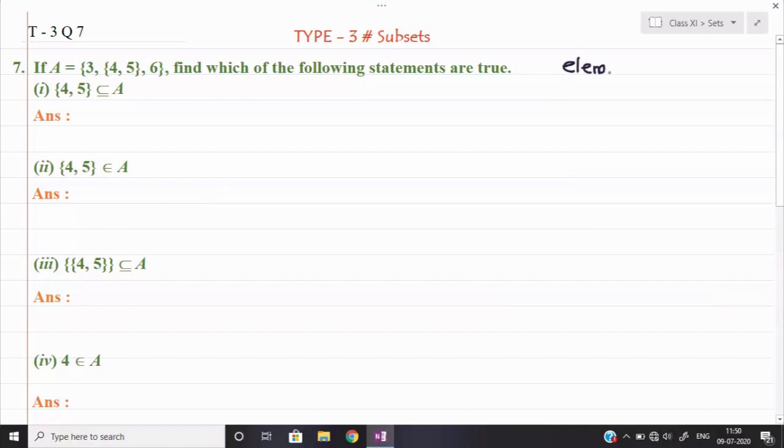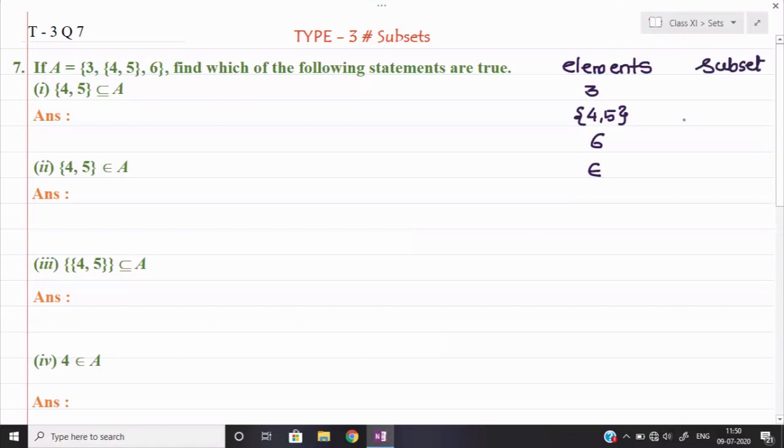Suppose I classify here the elements, so who are my elements of the set A? One is 3, second one is 4 comma 5 along with the curly bracket, remember it is defined like that only, and third one is 6. Wherever the element comes, the symbol of belongs to comes along with the element. And if I list out here subsets, I am not listing out all the subsets, only whichever are essential.